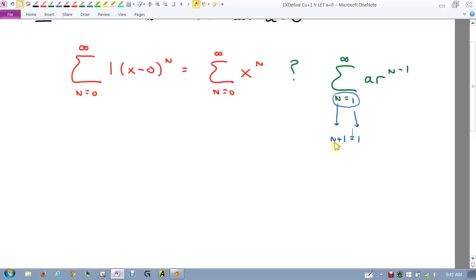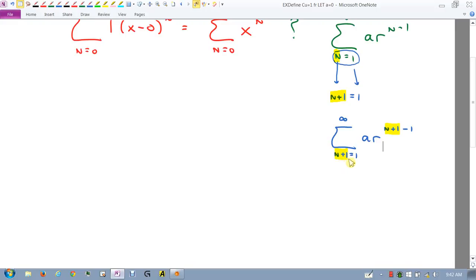Yes? I'm about to do that in this expression, which means I'm going to have to replace all the n's with n plus 1s. How would this series be rewritten? Sum n plus 1 equals 1, a r to the n plus 1 minus 1. So do you see where all I did was replace my n's with n plus 1s? Do y'all see that?